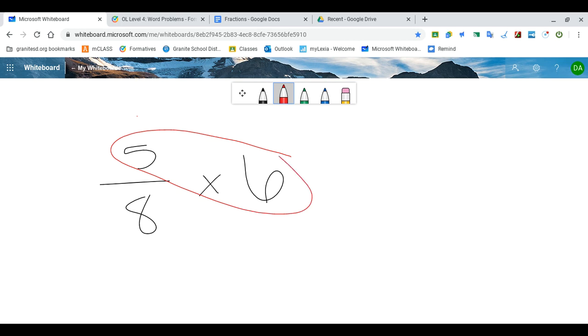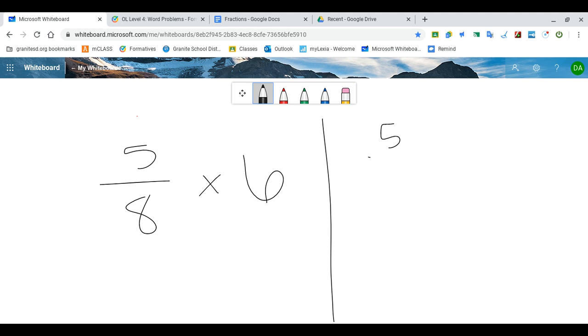Or what I can do is rewrite it to look like this, which would be 5/8 times 6, and I'm going to put the denominator as 1, because we know that a whole number over a denominator of 1 is the same thing. So now I can get an answer.